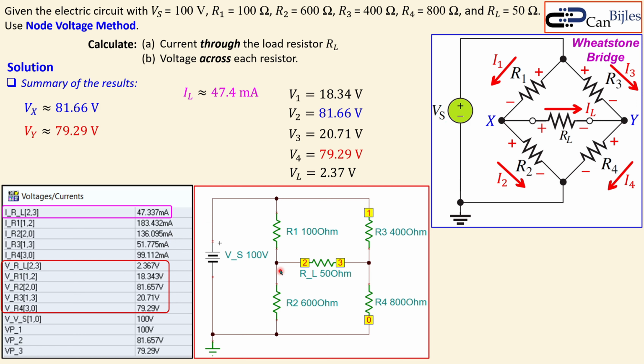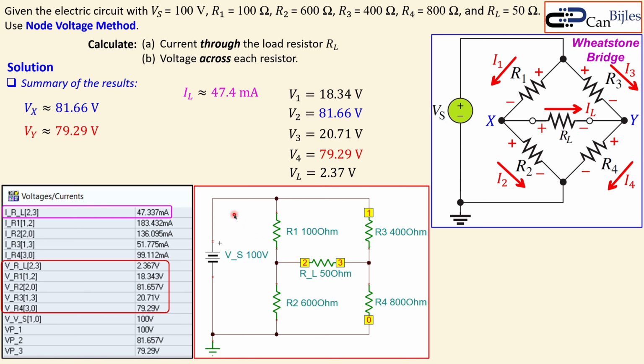The node voltages are 2 and 3, and 2 was Vx, which is shown here, Vp underscore 2, 81.66 approximately, and node 3 is Vy, shown here, 79.29 volts. So you can see all of the calculations are confirmed by our simulations, and it is nice to see that they are confirming our calculations.